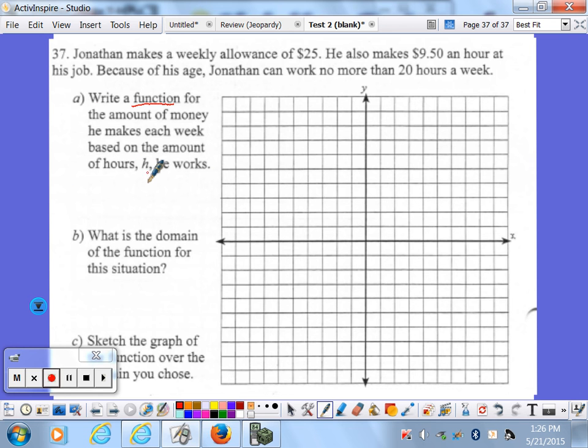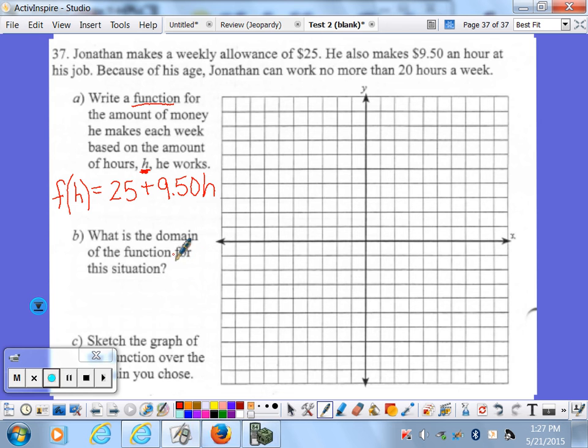So, they're telling me to use the letter H. So I would normally write f of x, but they want me to use the letter h for my input. So let's see. He does make $25 every week, and he's going to make $9.50 per hour. So that just means multiply by hour. Okay, so there's your function for that.